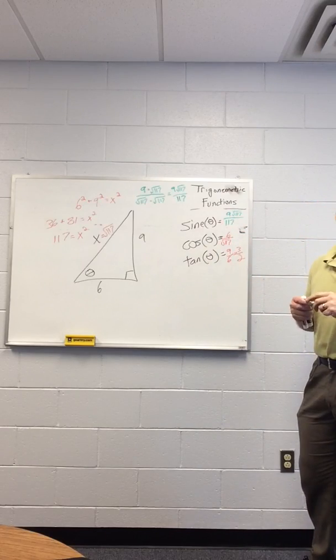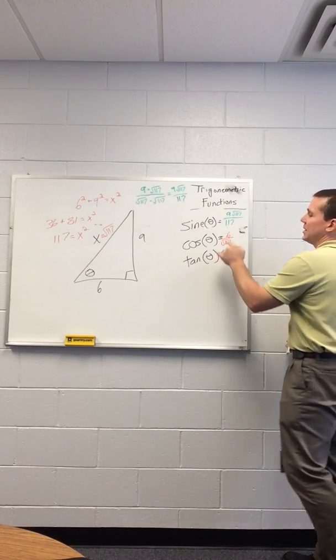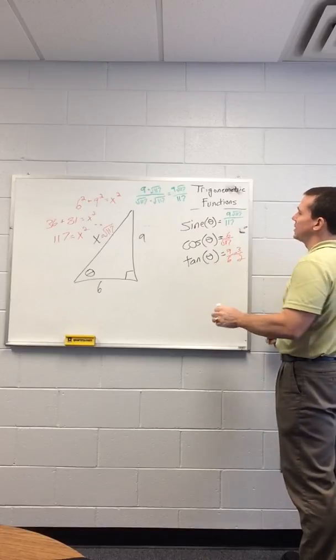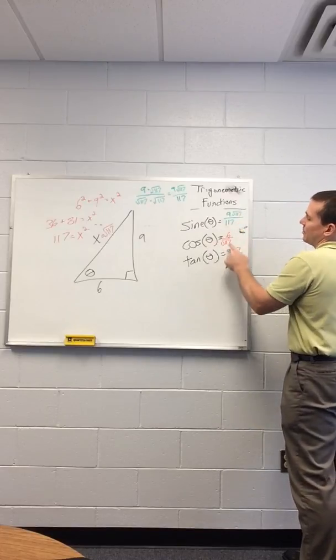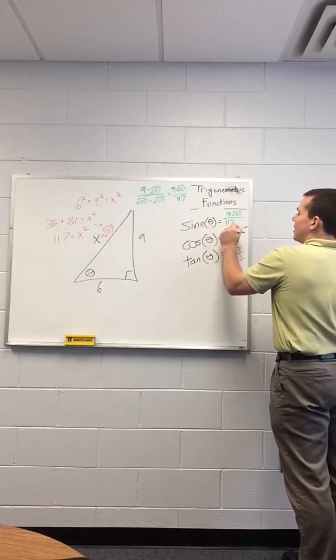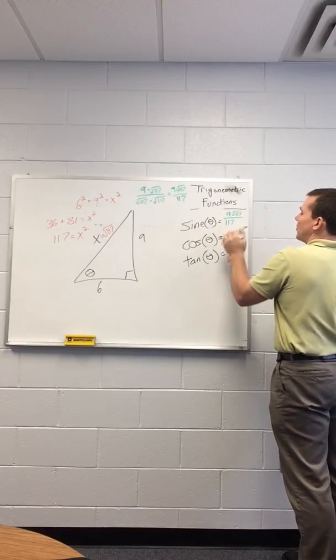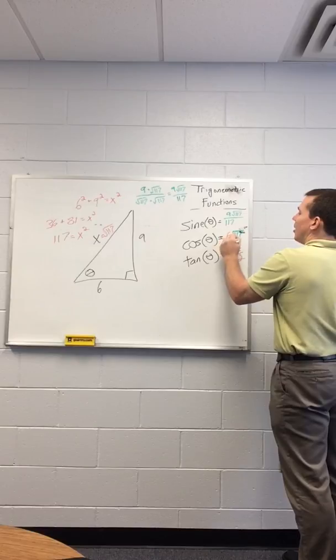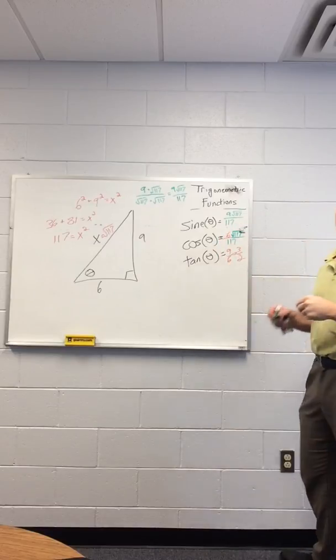And there we go. We would do the same thing for cosine, since it's over root 117. If I multiply by the square root of 117 on top and bottom, this will become 6 times the square root of 117, all over 117. And there we go.